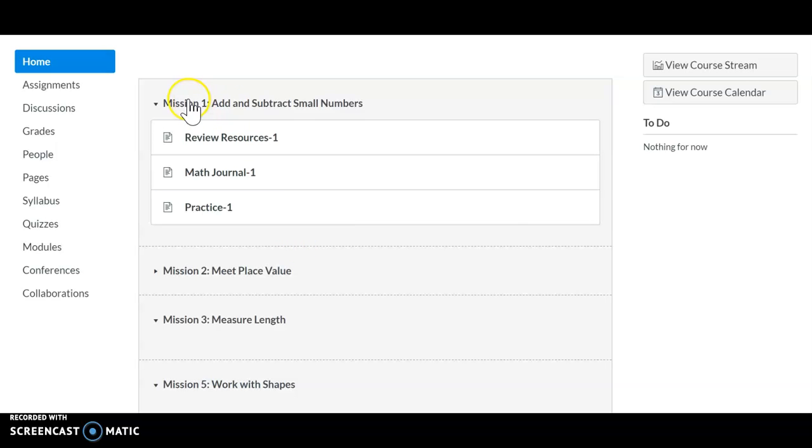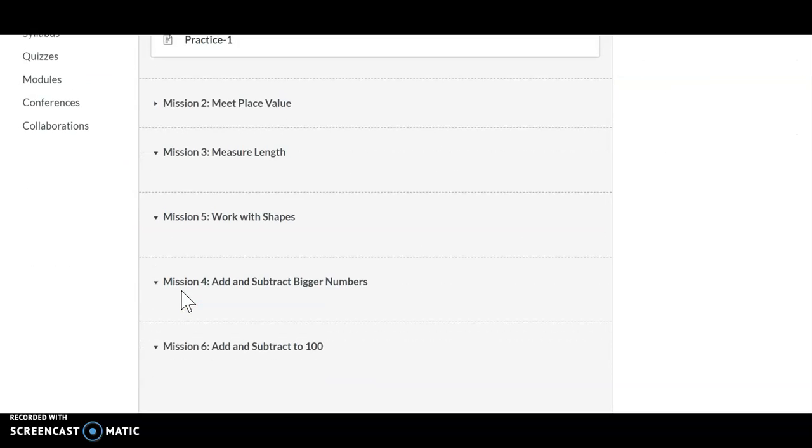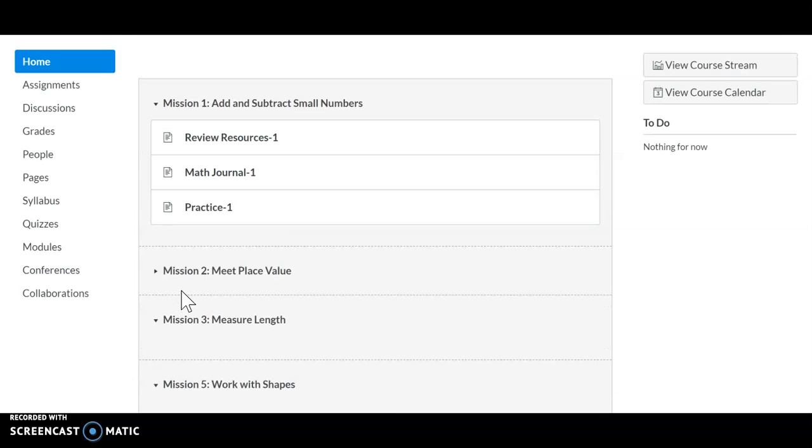So we're in mission 1 right now, and as you can see, there are 6 different missions throughout our Eureka Math. There are like 37 lessons in mission 1, so this is just a snippet of what it will look like.